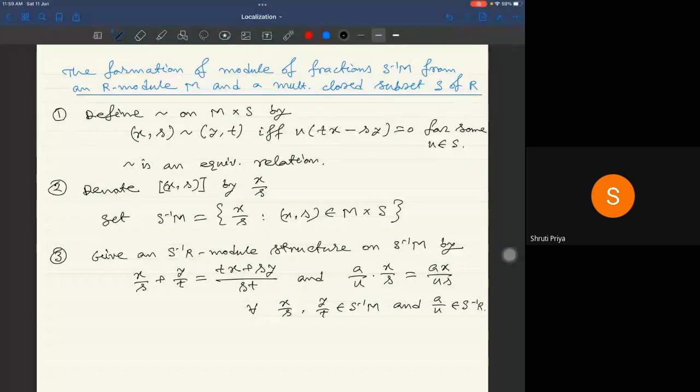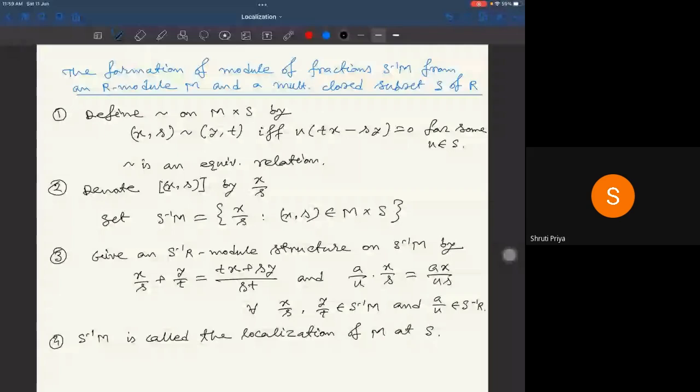Now you can verify that this S inverse M is called the module of fractions of M at S, or the localization of M at this multiplicatively closed subset.